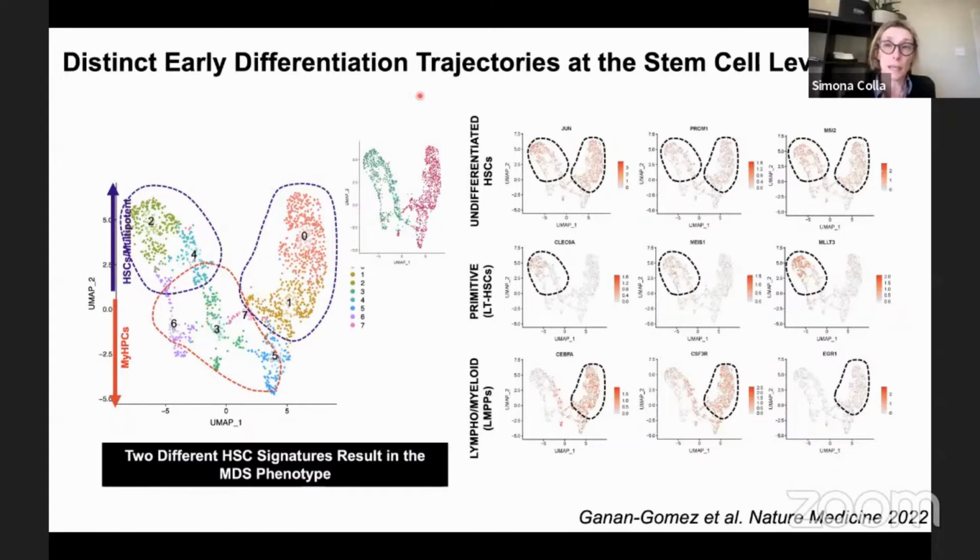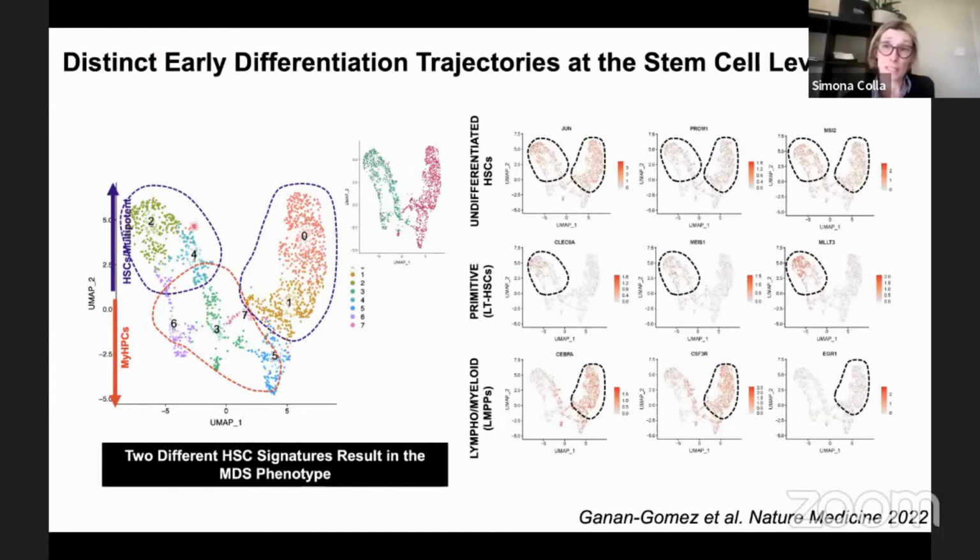So what we did, and these are the samples we analyzed, these are two representative samples, one CMP and one GMP pattern, so one each of the two groups that we previously identified. And we did not sort the stem cell, we just sorted the overall hematopoietic and progenitor population, all of them.